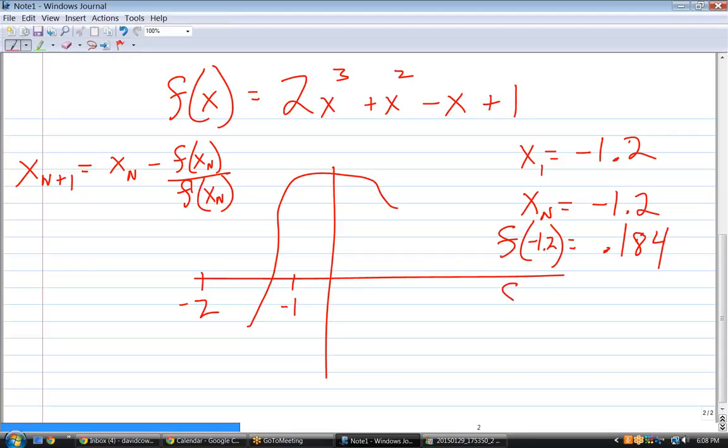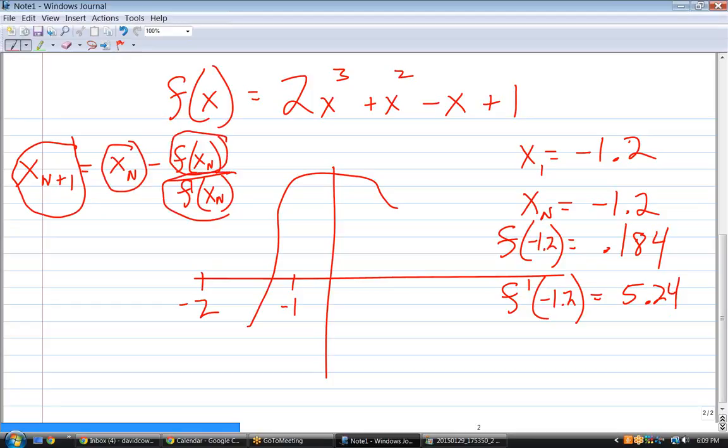Now, if we take f prime of x, it's easy enough to take the derivative of that and evaluate it at that first guess. We get 5.24. So, our next guess is a function of x sub n, f of x sub n, and f prime of x sub n, which we have right here, those three values.